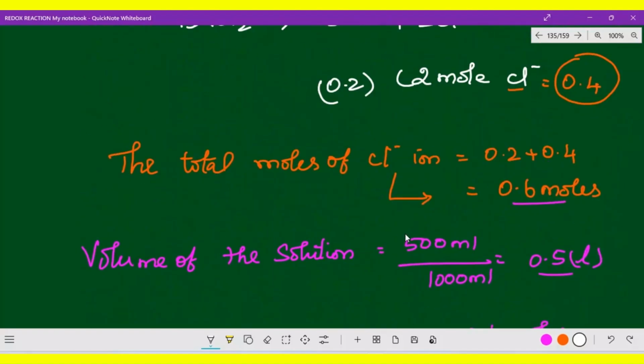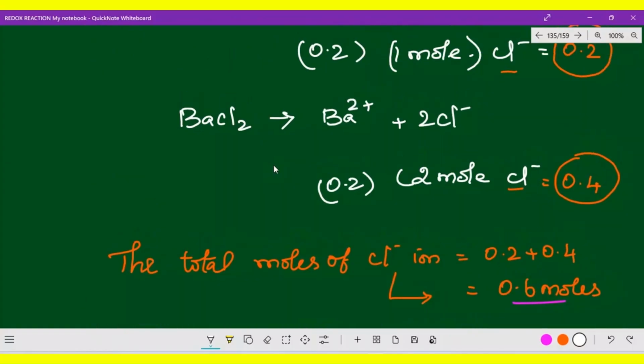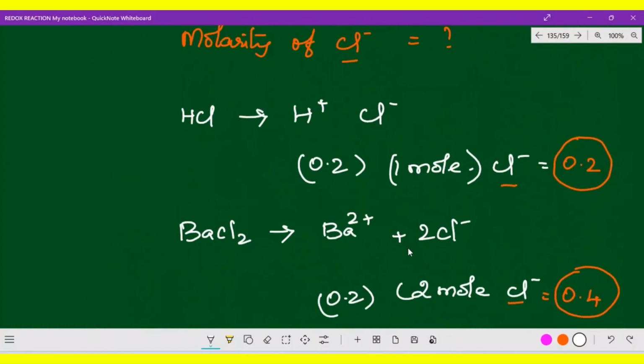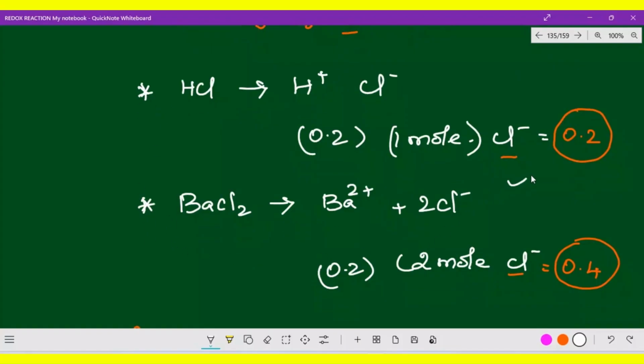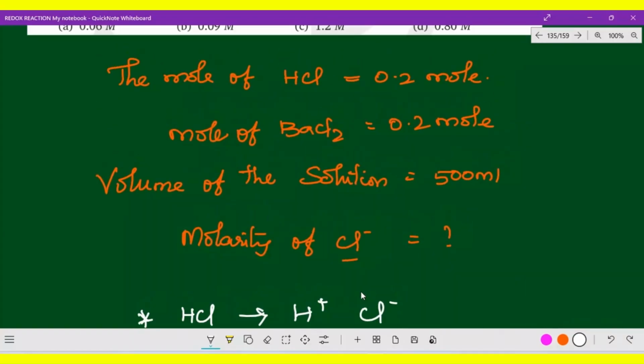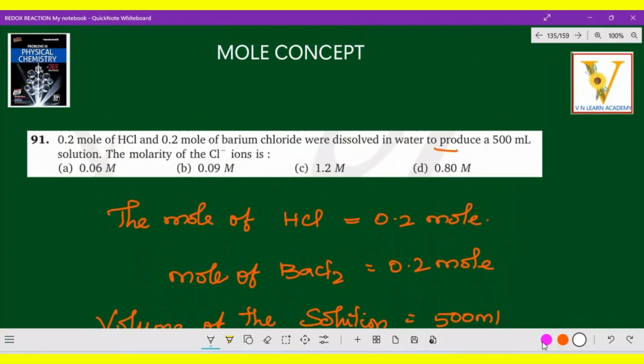Generally, if they are asking about only one ion from that solution, you can easily identify it through this method. That is what I purposely mentioned. Yes, come on, which is the correct option here? The correct option is C. I hope you got the clarity. Come on, let's go to the next question.